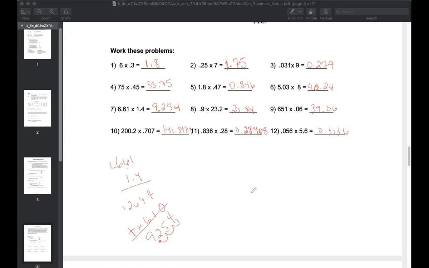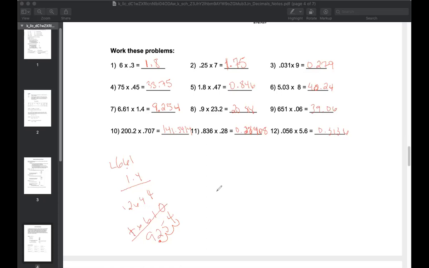All right. So again, the main point of working through these problems and learning how to multiply with decimals is to remember to multiply normally like the decimal isn't there, and then count the number of decimal places in your problem. That's how many times you need to move over from the right to the left to put your decimal in, okay?